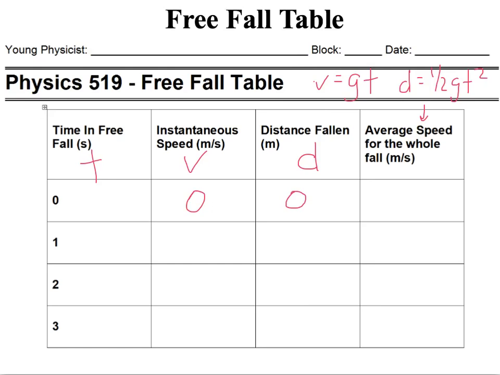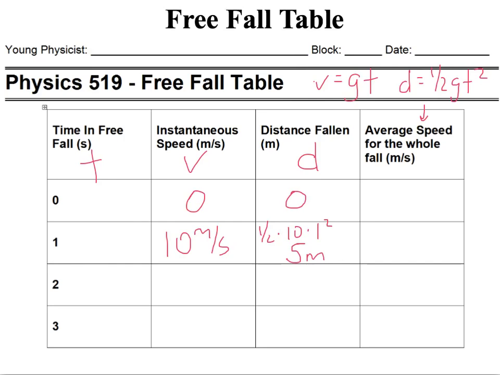Now next, at a time of 1 second, we would plug in 1 for these, and that would make the velocity 10 times 1, which is 10 meters per second, and the distance 1/2 times 10 times 1 squared. Now 1 squared is 1, and 1/2 times 10 times 1 is 5. So it will have fallen 5 meters.